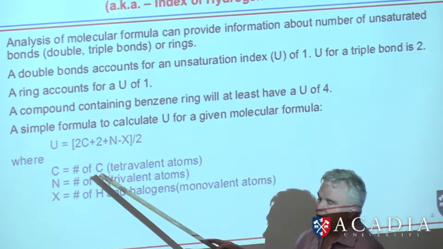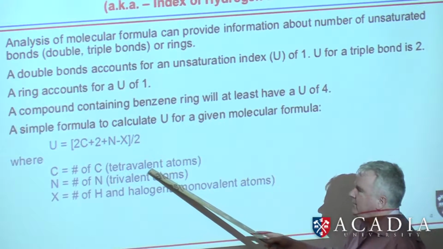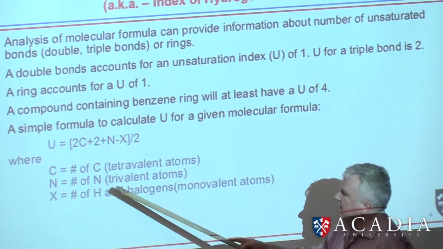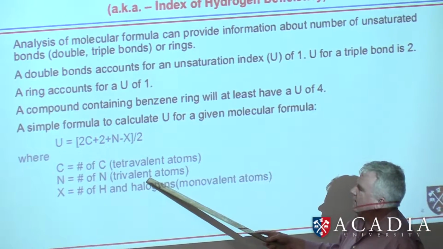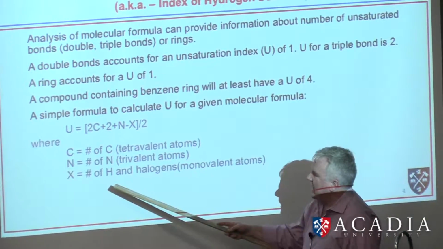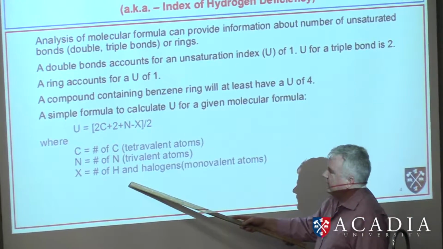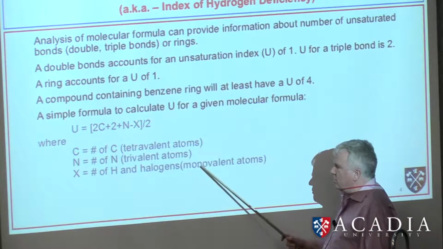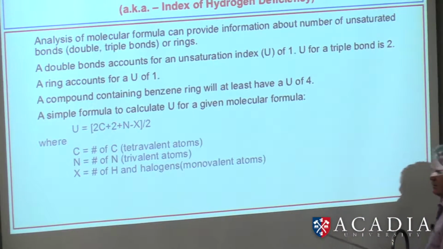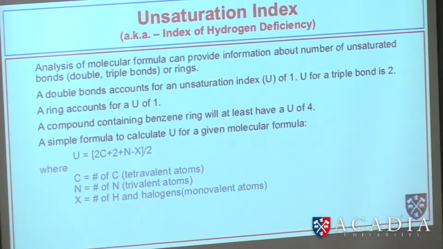We could actually throw silicons there. It's actually the number of all of your tetravalent atoms. N is the number of your trivalent atoms, and X is the number of hydrogens and halogens, your monovalent atoms. And that will give you the unsaturation index.